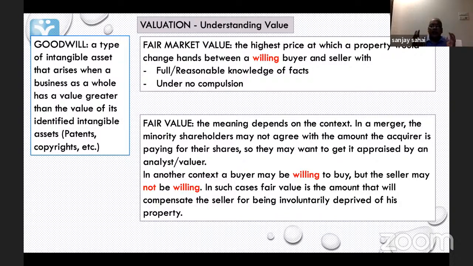So here he may say that okay, I will pay you a little above, I will compensate you for taking these shares away from you. That price will be the fair. तो ये भी एक तरीका है वैल्यूएशन के बारे में सोचने का.